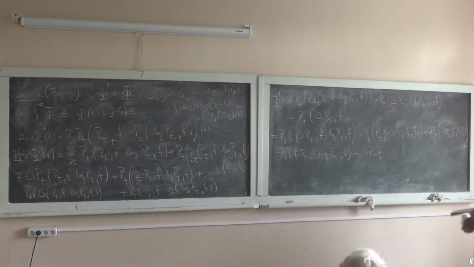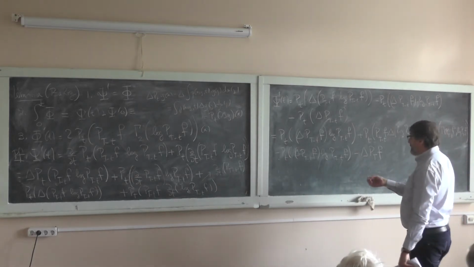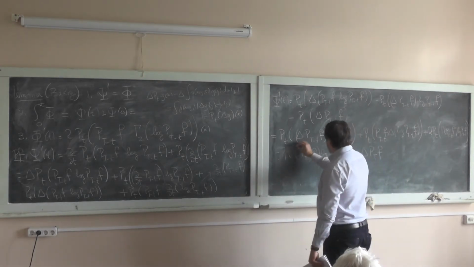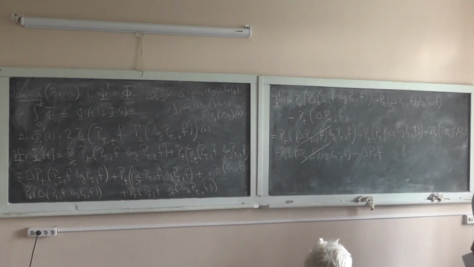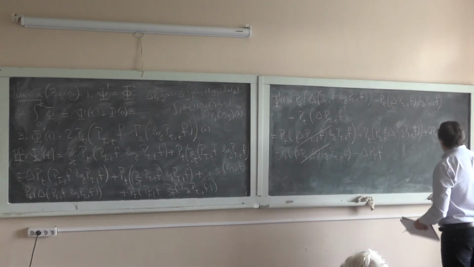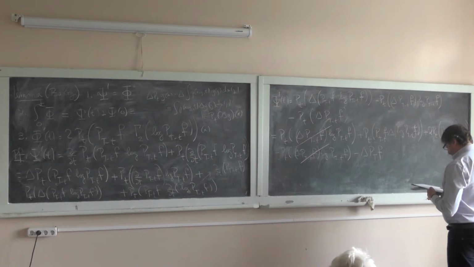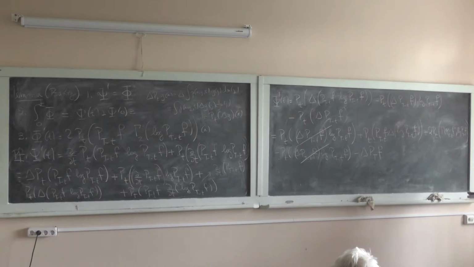So let's see, something simplifies here. We can cancel this one and this one. Okay. And now we are left with this one and that one. So let's see what we do with this object here. Did I take care of everything?